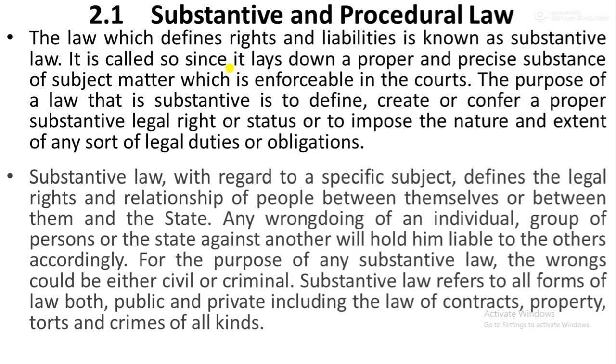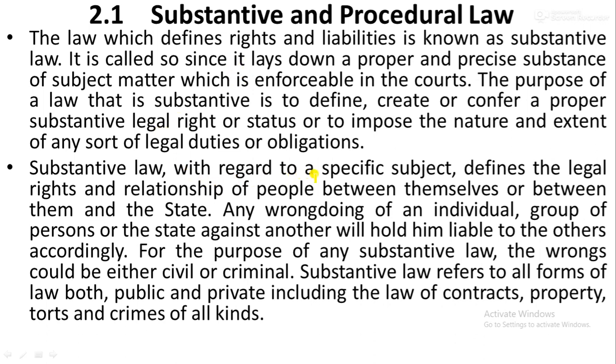Clear? Substantive law, with regard to a specific subject, defines the legal rights and relationships of people between themselves or between them and the state. So the relationship between the state and the people is determined by substantive law. Any wrongdoing of an individual, group of persons, or the state against another will hold them liable accordingly under substantive law.